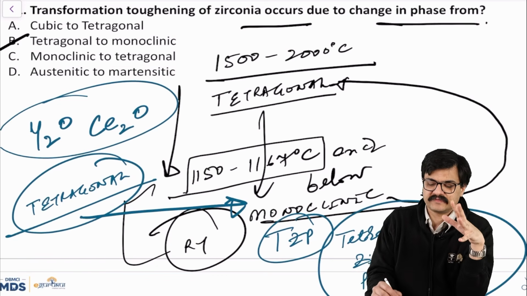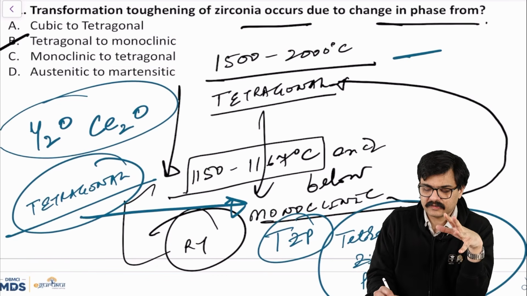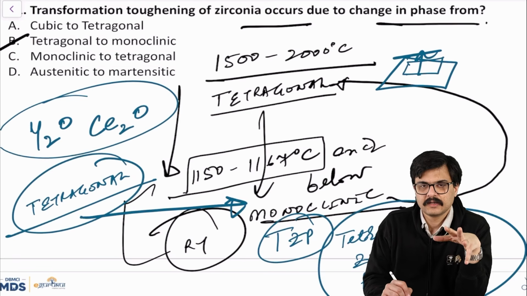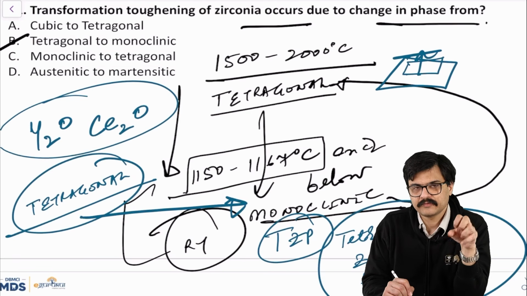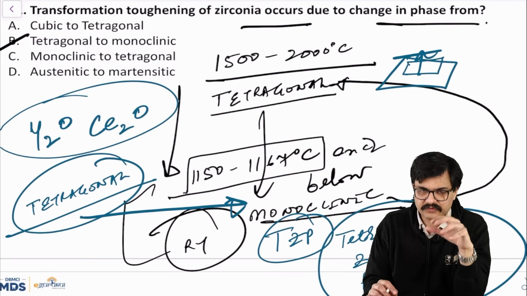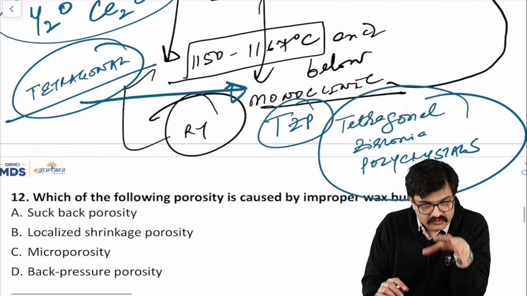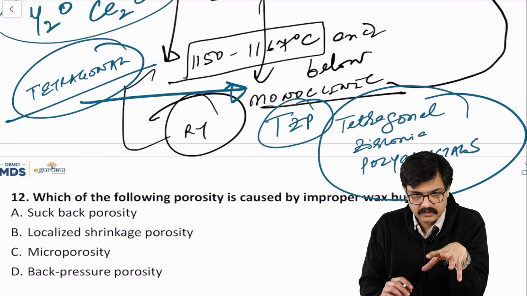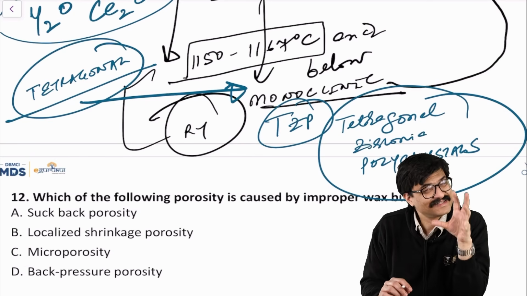When a crack is developing and the tetragonal phase changes into a greater volume of monoclinic, that tends to compress the crack and decelerate the crack propagation. That is known as transformation toughening. So you need to know this theory and these temperature transformations, so that if an applied question comes, and this is the time for applied questions.